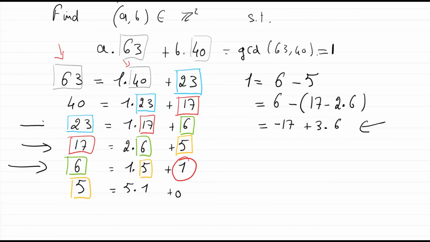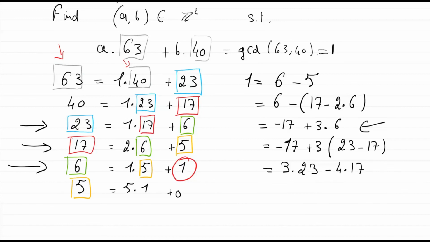Using the above line, you'll get rid of the 6 by writing, instead of 6, 23 minus 17. And now you have 1 written as 3 times 23 minus 4 times 17. And indeed it's the case. 3 times 23, if you check the calculation, is 69, and this here is 68. The difference is 1, as it should be.